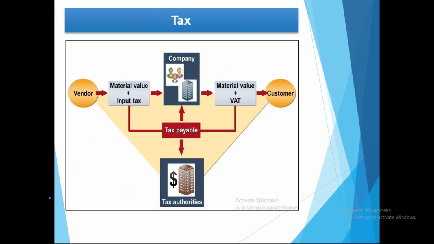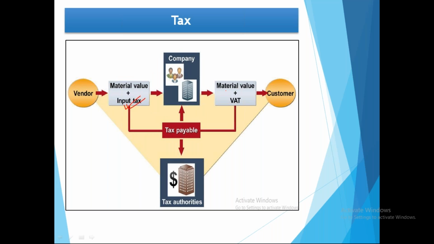Okay, so normally whenever you procure a material, you will be paying some tax to the supplier vendor, which is called input tax. Let's say we are a company procuring a material from a supplier. When we make the payment, we will be paying the tax also, which is called input tax.